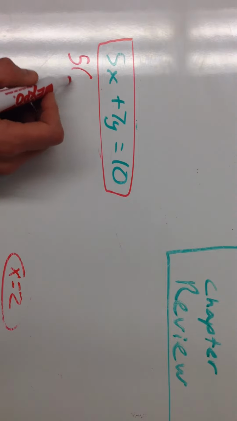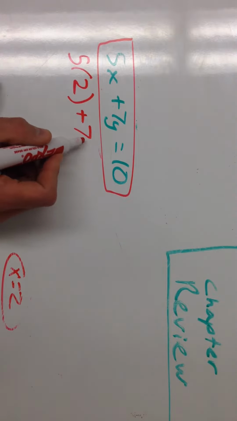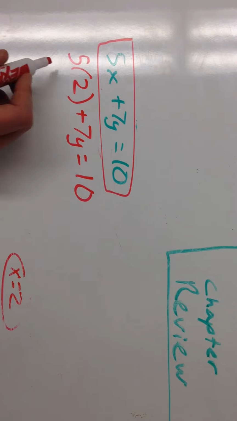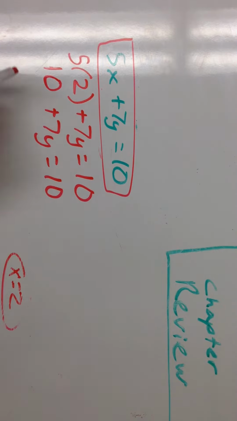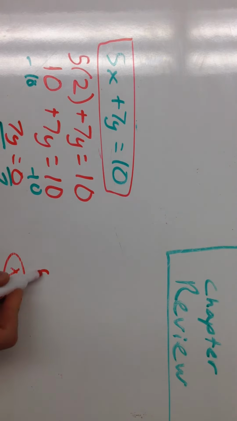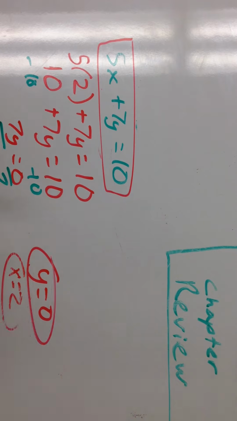So this equation becomes 5 times 2 plus 7y equals 10. So I get 10 plus 7y equals 10. So I'm going to solve this one. Subtract 10 from each side, and I get 7y equals 0. Well, I'm going to divide both sides by 7, and I get my second solution, y equals 0.